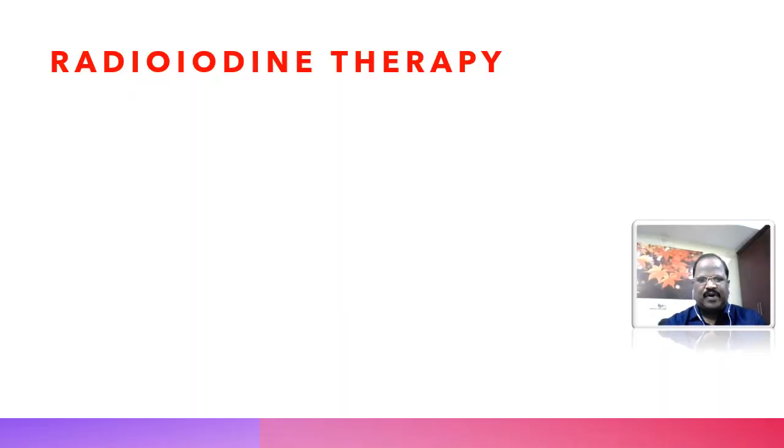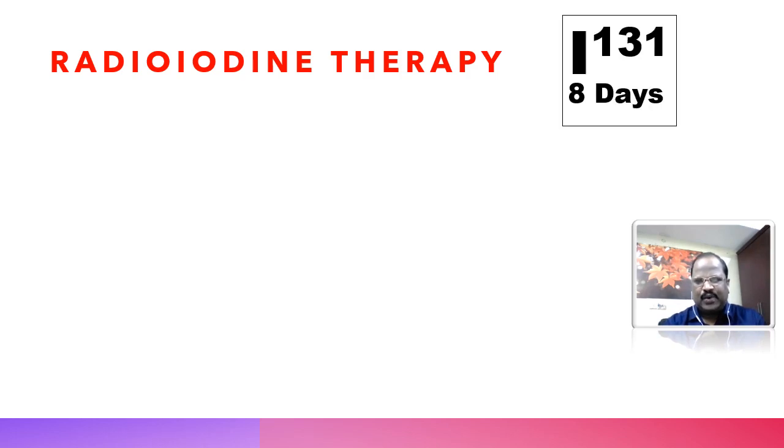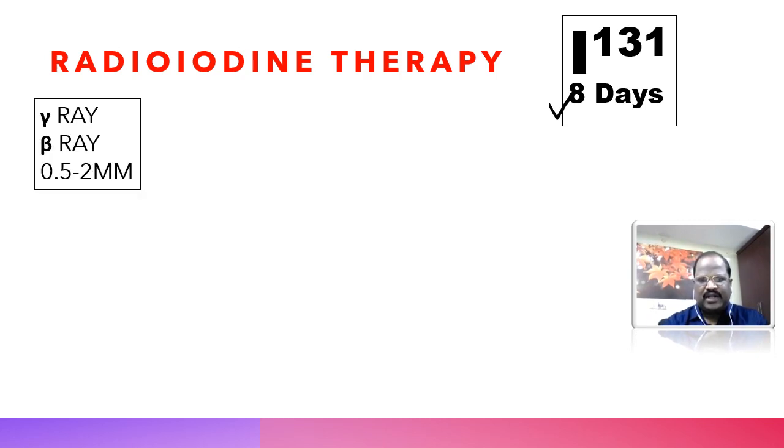The next important drug useful for hyperthyroidism is radioactive iodine. Here I go point by point. First point, which radioactive iodine is useful for treatment of hyperthyroidism? The answer is iodine 131. First MCQ: the half-life of iodine 131 is about 8 days. Second important point, iodine 131 emits two rays.